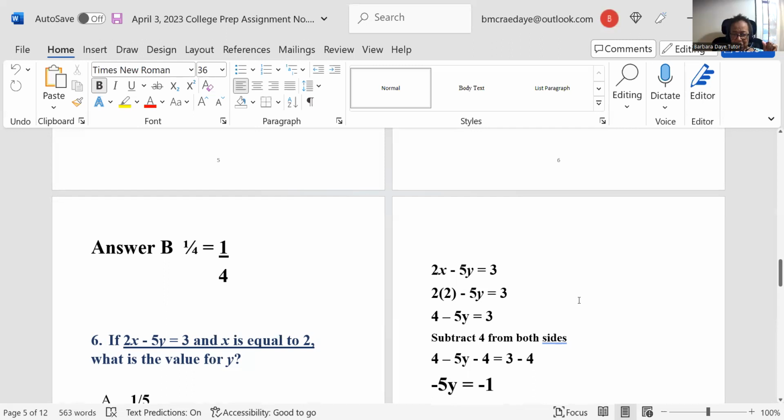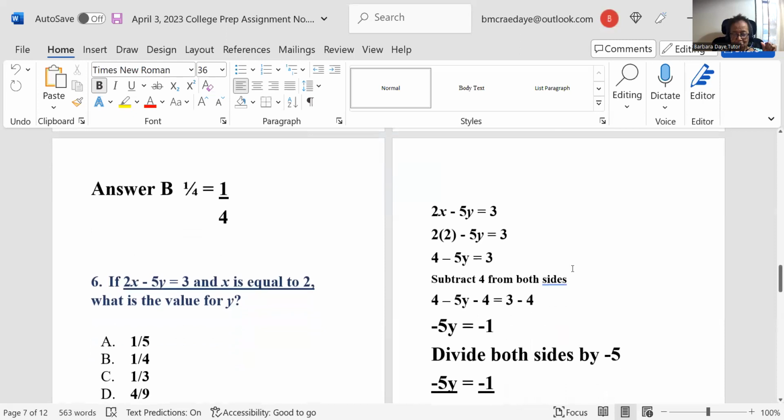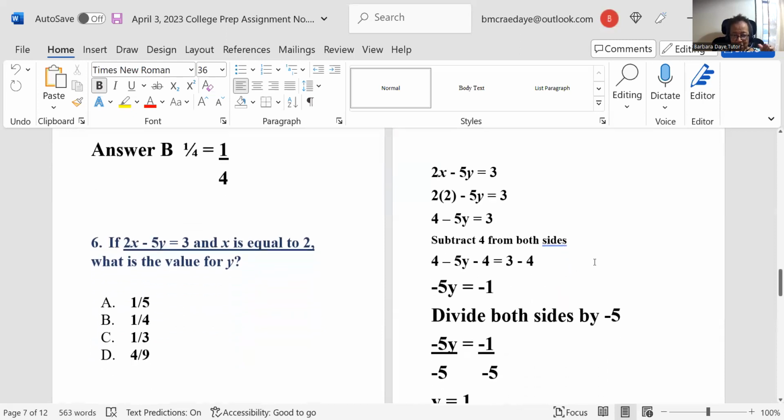Mercedes, are you there? So you followed how we substituted the x with 2, and we got 2 times 2 is 4, minus 5y equals 3. Now, remember, we're trying to find the y value. So we have 4 minus 5y is 3.